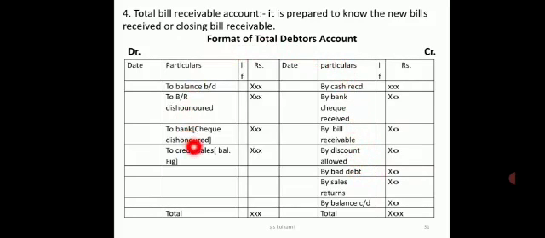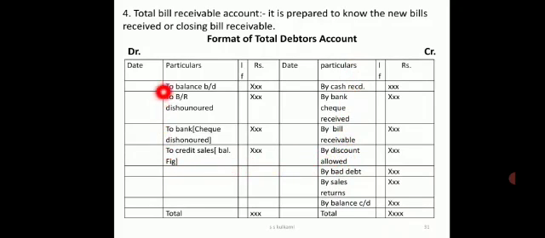So now if we see this account, it is similar to that of a ledger account. You have the debit side and credit side. So debtors account being an asset account, all increase in the asset in the debtors account will be on the debit side, and wherever there is a decrease in the debtors account, it is credited.